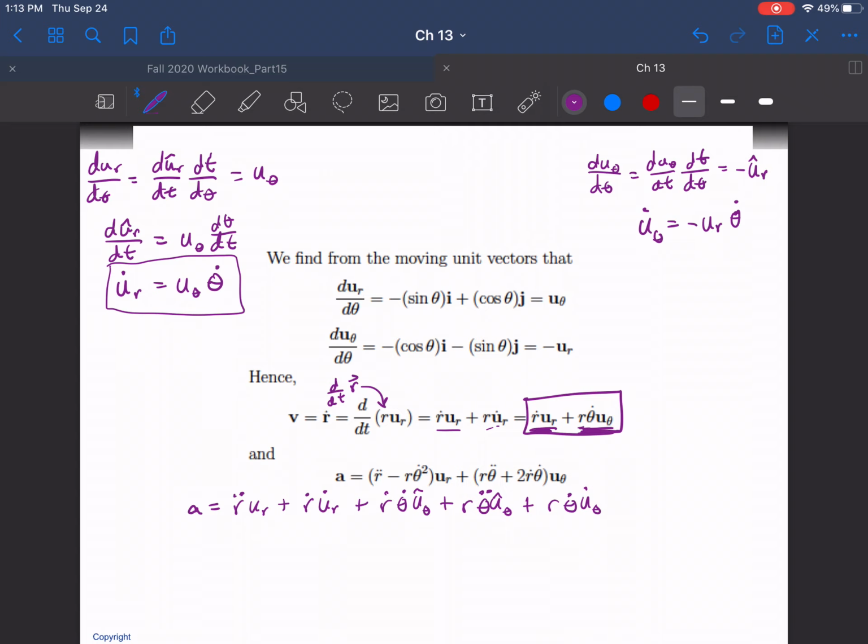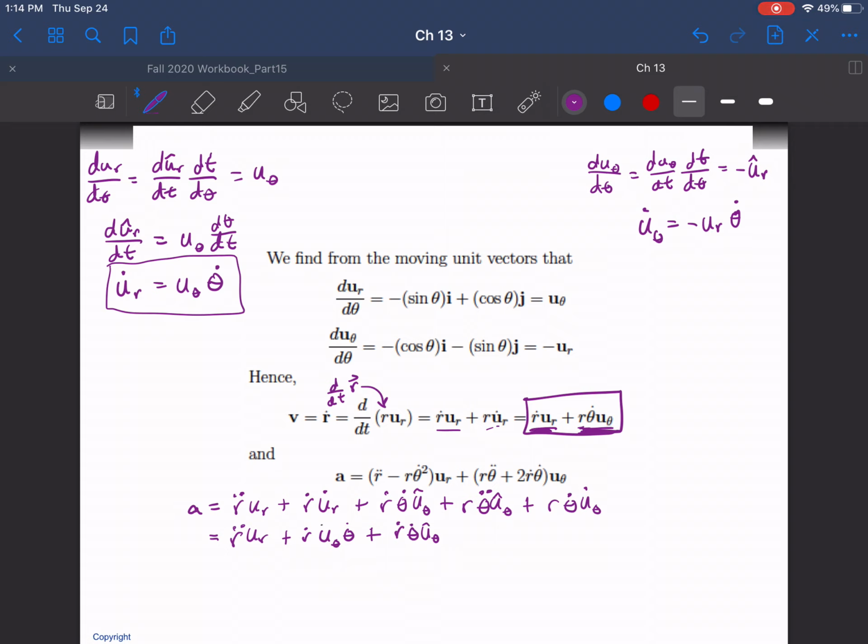So we've done each one of those. And then we can start making our substitutions to get rid of any derivatives of those vectors. And so we've got r double dot ur, that stays the same. But here we have ur dot, which was u theta theta dot, so r dot theta dot u theta, plus here we have just the same thing, r dot theta dot u theta.